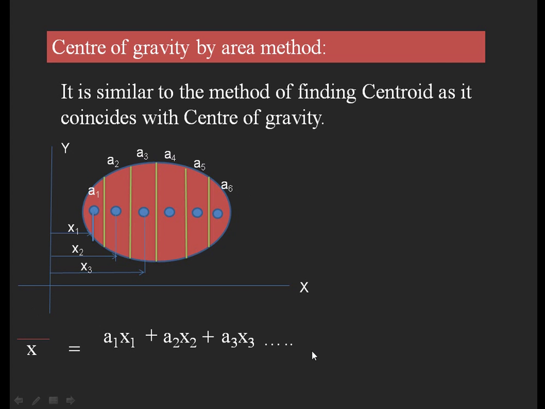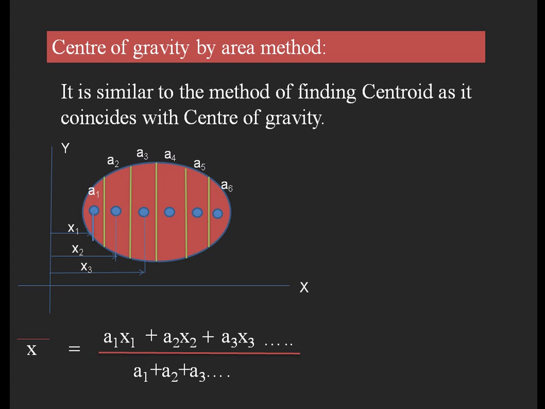We take the summation of the product of area and coordinate distance, divided by the sum of all the areas of the parts we have divided. This is the formula for the x coordinate, which gives the centroid position from the y axis in the x direction.